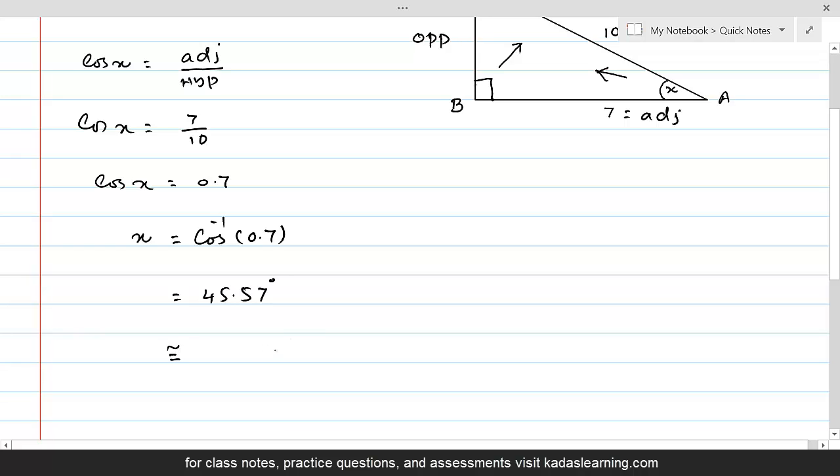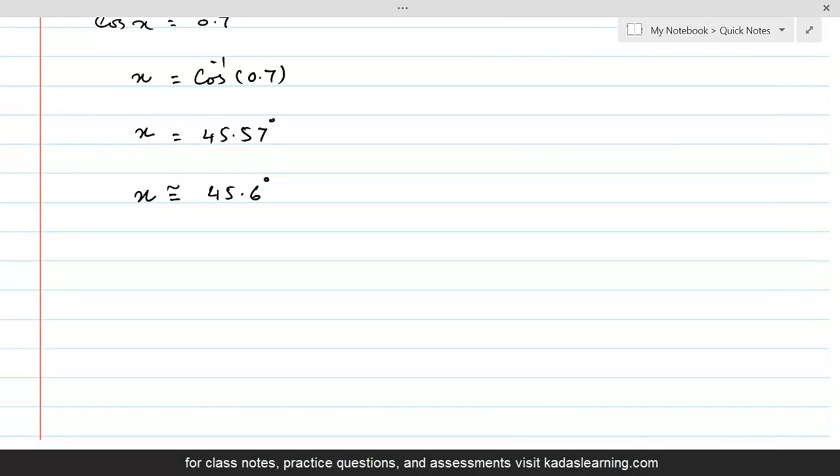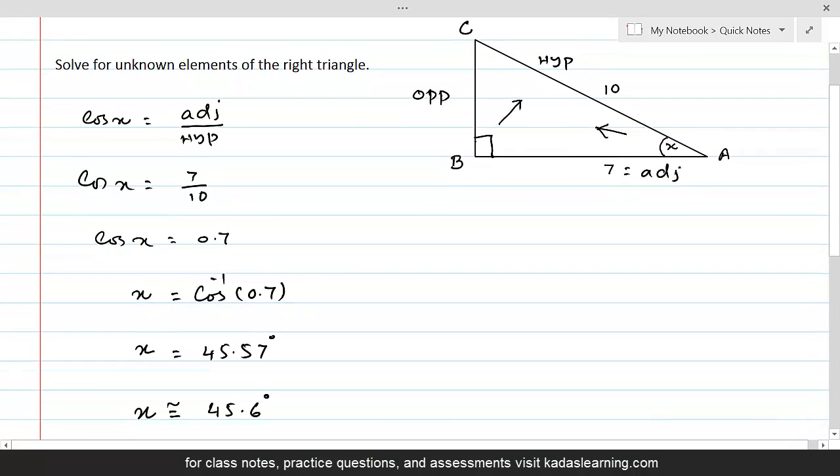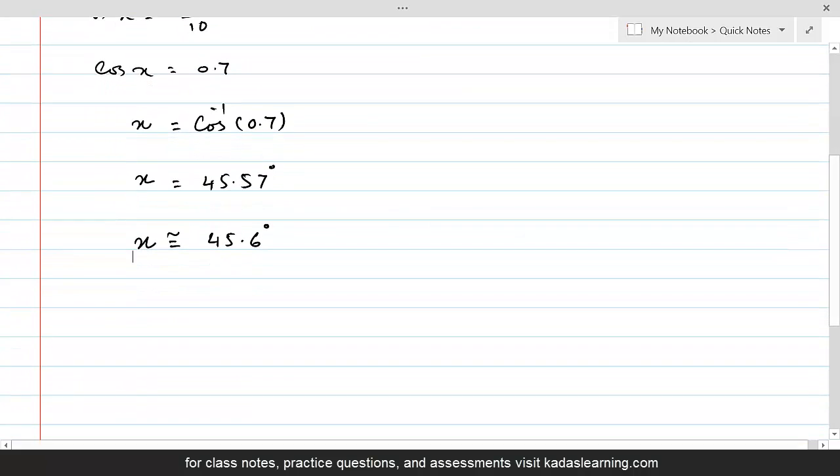For better accuracy, we can round it off to the nearest tenth and make it 45.6 degrees. So this is the angle at vertex A, and now we can find out the angle at C. The angle at C is simply the complementary angle of angle at A. Therefore, angle at C would be equal to 90 minus 45.6 degrees.